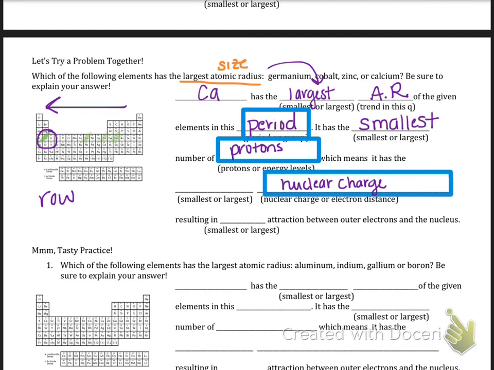If it doesn't have that many protons, that means the love is very, very small. It doesn't have that much love. If that is the case, then it will have the smallest nuclear charge. Remember, nuclear charge is all about the pull. It's not going to give it a very strong hug. It's just going to give it a very weird, cringy hug.